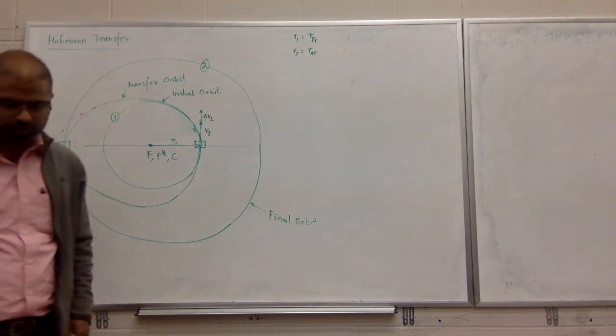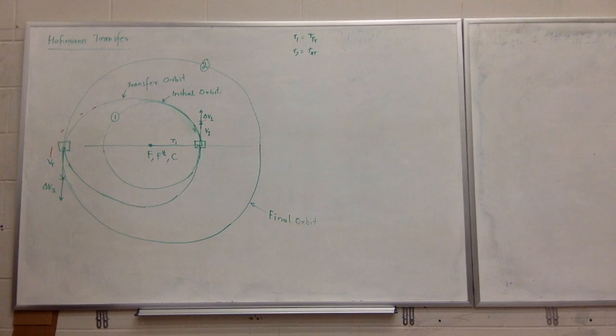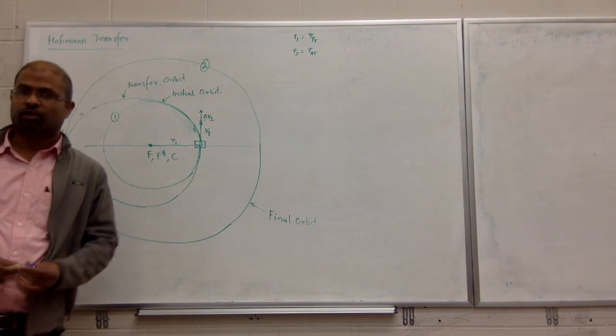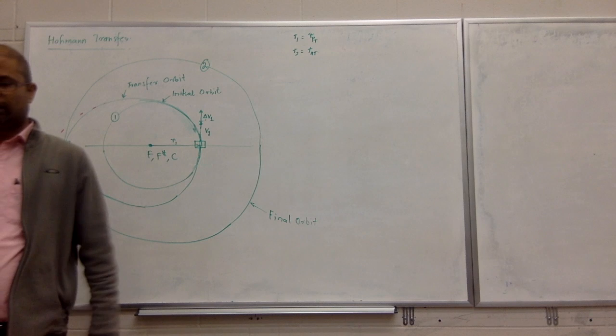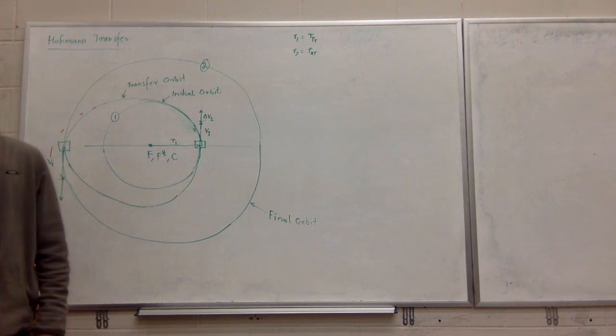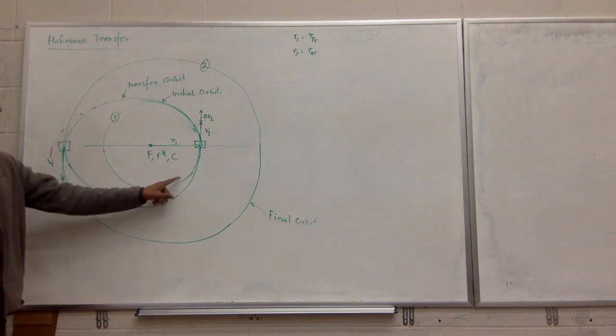Okay, I have a question. So the elliptical orbit apogee is touching that second final orbit. Yes, this is true for any orbit transfer. When you transfer orbits, there is always going to be at least one point in common between these two orbits.